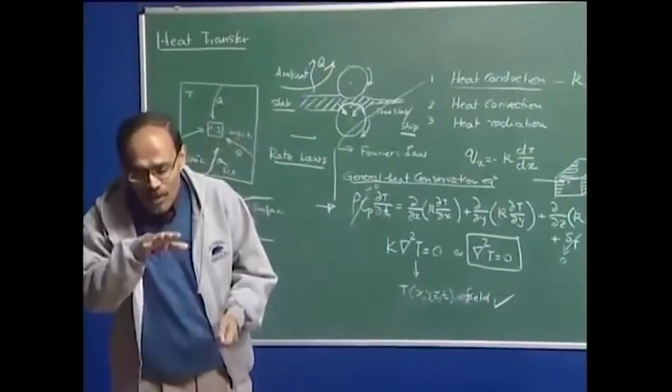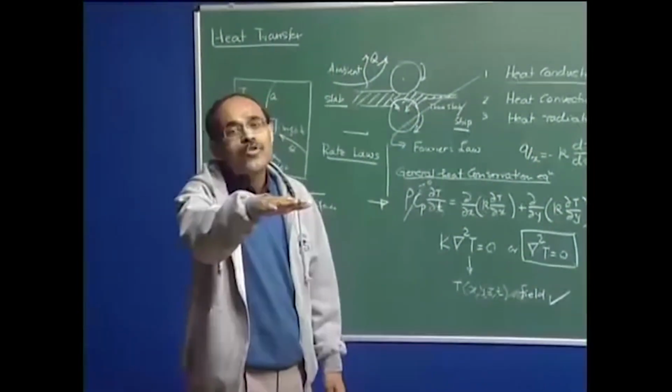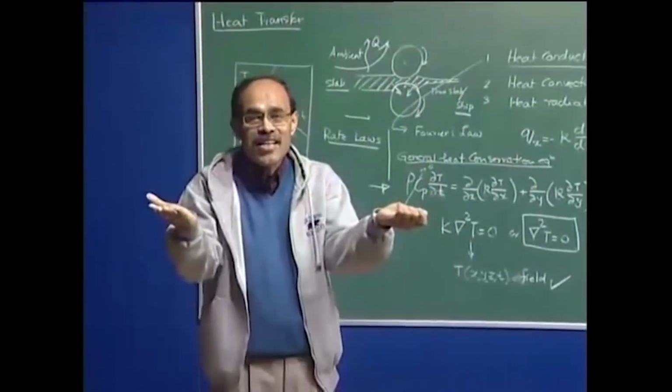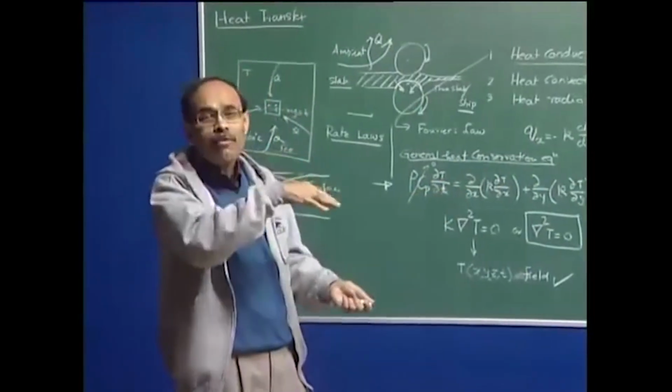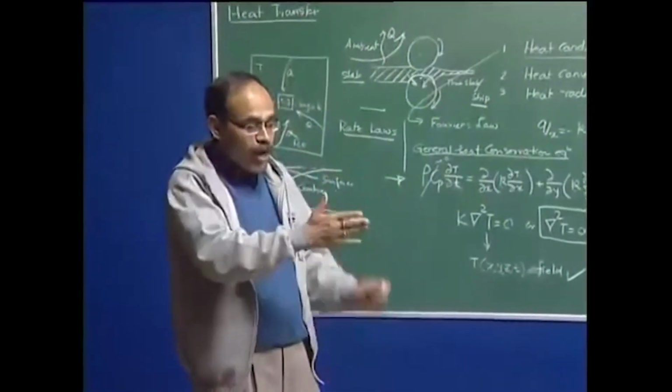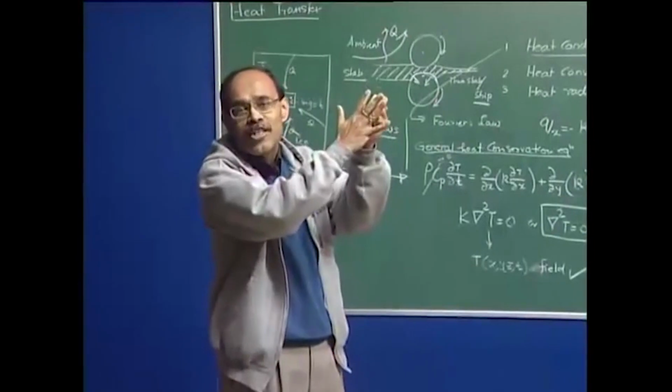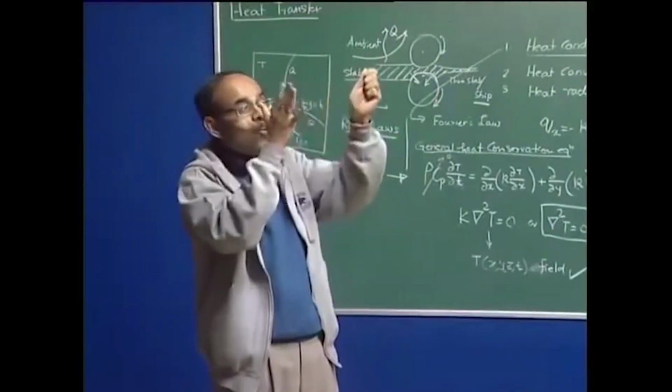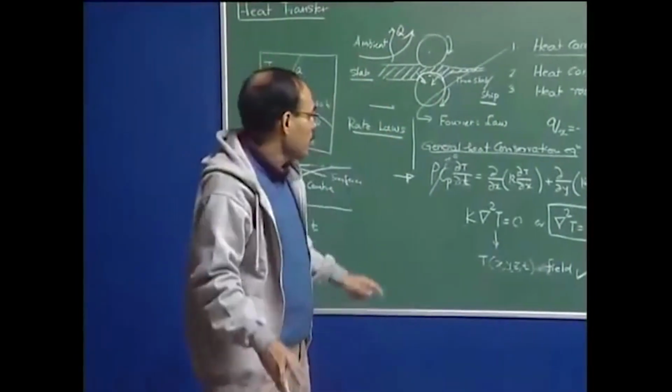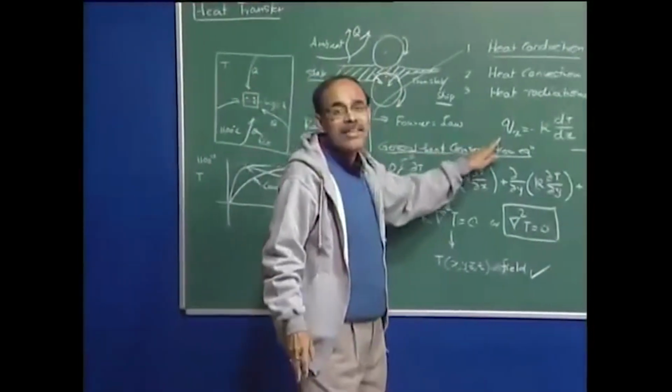Near a wall, what happens? The flow of the fluid slows down because the wall is stationary, and as I indicated when I was talking about fluid flow, along the solid wall all the components of the velocities are 0. So, if the velocities are 0, near the wall it is predominantly conduction that is going to be important.